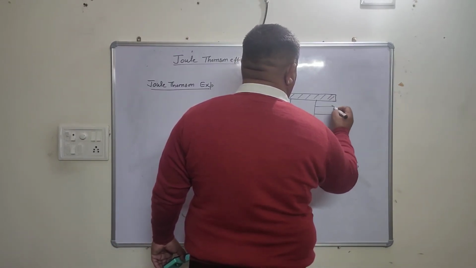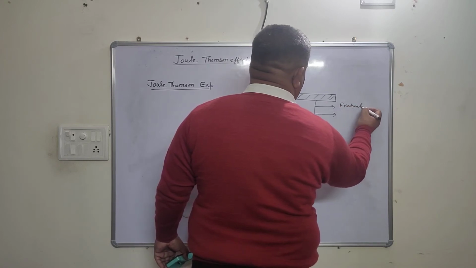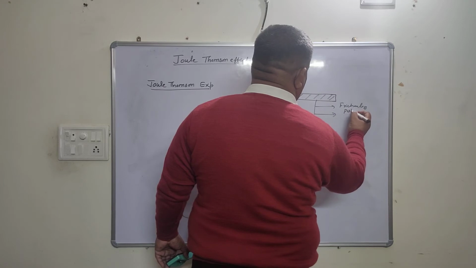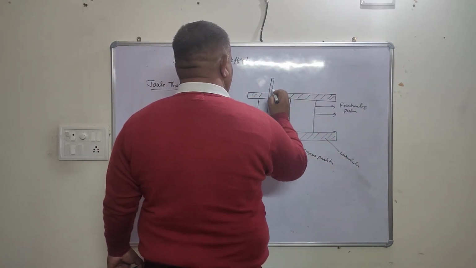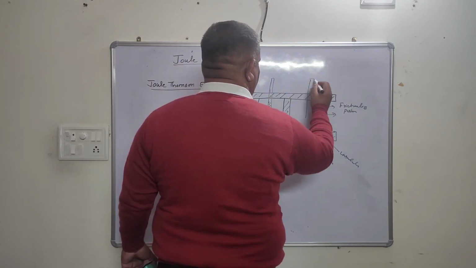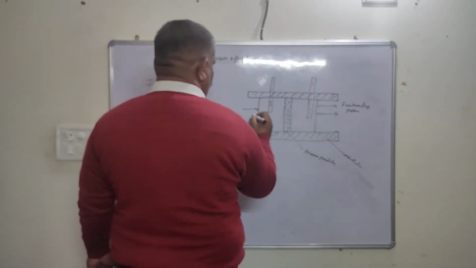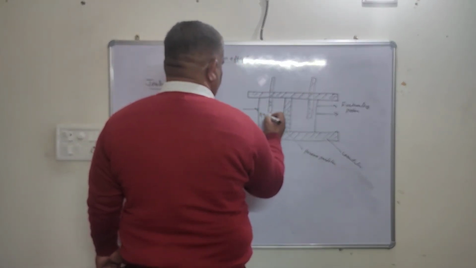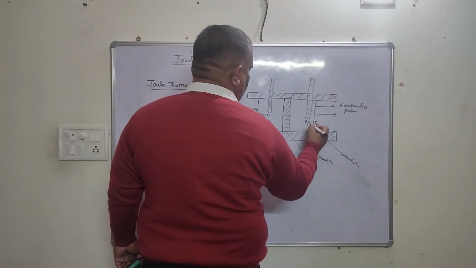This is the frictionless piston, and this is the thermometer. On the left side we have P1, V1, T1, and on the right side P2, V2, and T2.